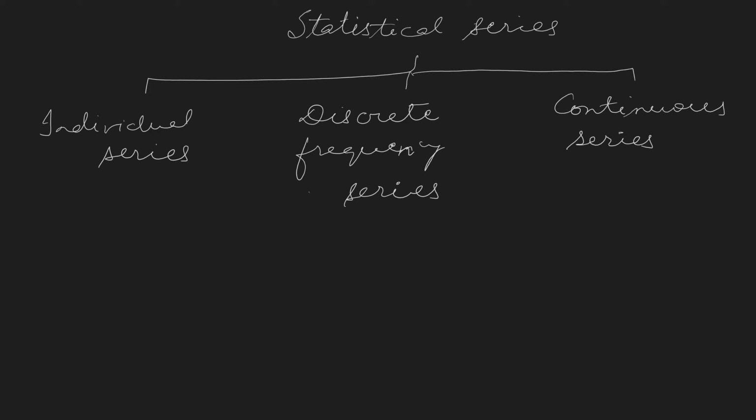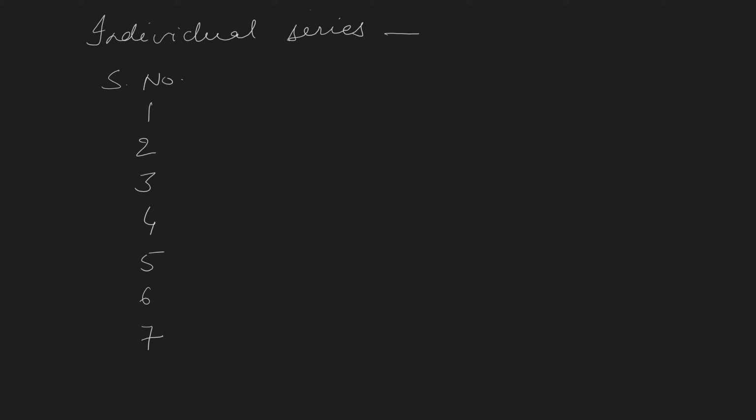Now first we will see individual series, how it looks. Individual series can be written as, for example, first of all serial number 1, 2, 3, 4, 5, 6, 7, and here are some values of x. X can be any variable, say for example marks.